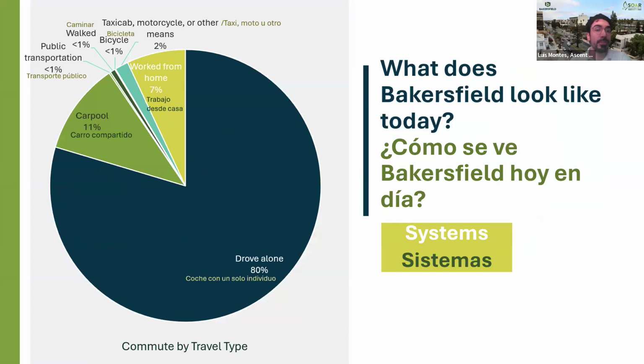Now looking at commute by travel type, within the city, a pretty small percentage of people commute via active transportation. And this includes biking and walking. There are roughly 176 miles of bike paths within the city. Additionally, a relatively small percentage of commuters in Bakersfield use public transit to get to work.